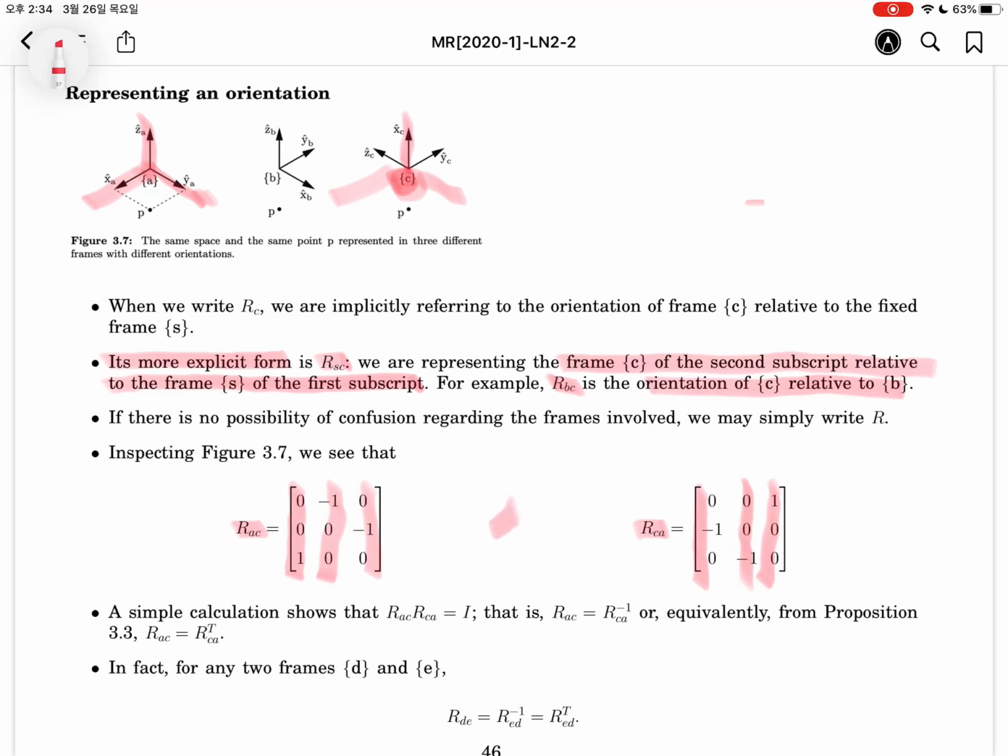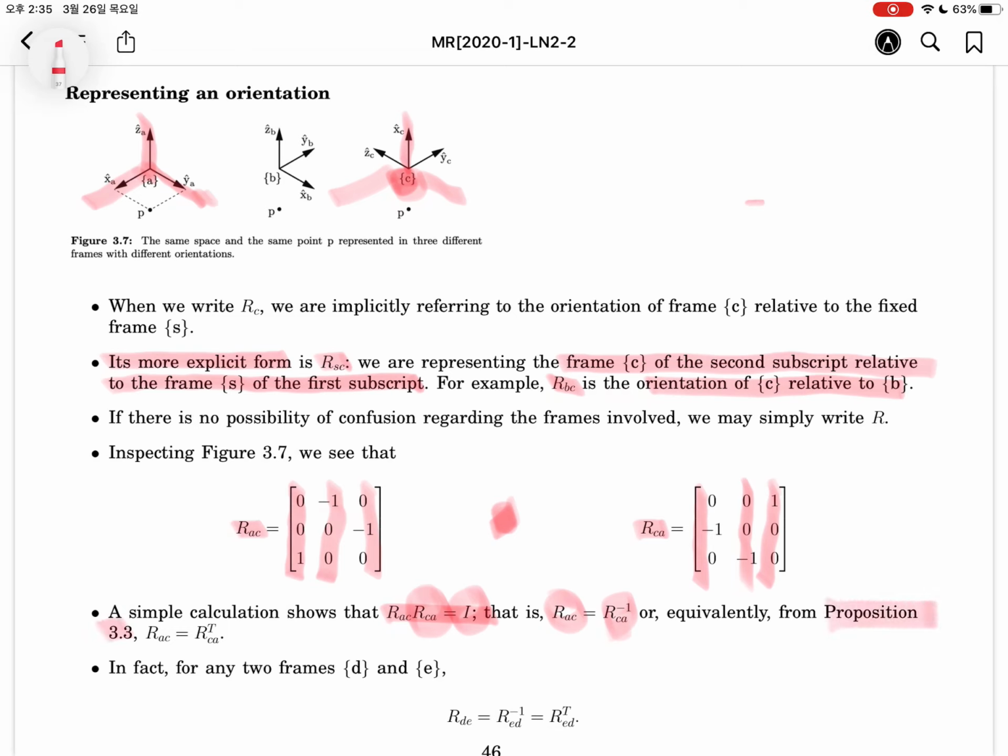Fortunately, by multiplying the two matrices RAC and RCA, we get the identity. According to the mathematical group conditions, the identity exists and the inverse also exists. It means RAC is equal to the inverse of RCA.